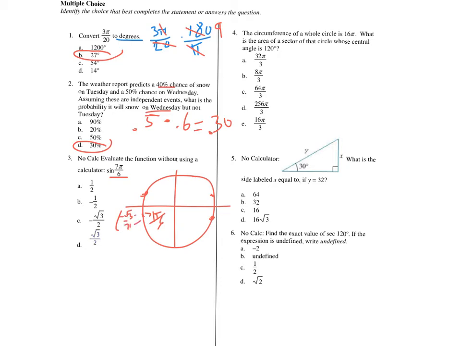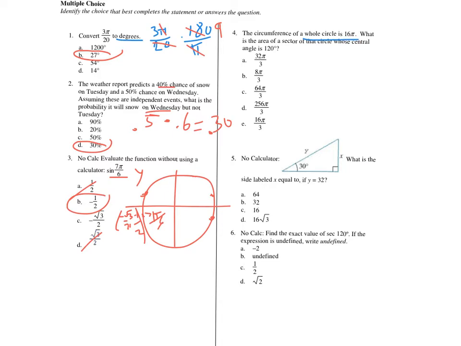I know they're both negative since it's the third quadrant, so I can already cross off anything that's positive. And then I know it's close to the x-axis, so it's further left than it is low, and so it's a small y value, so we know sine is the y value, and so it's negative 1/2.